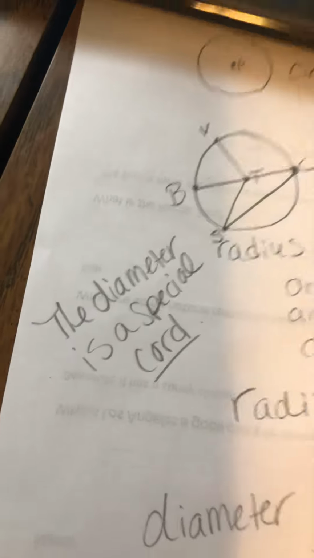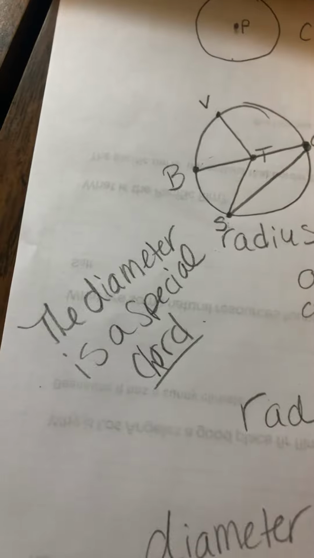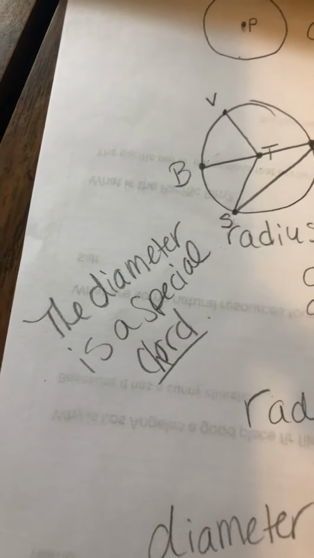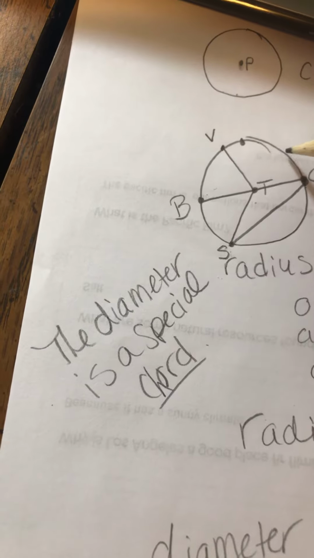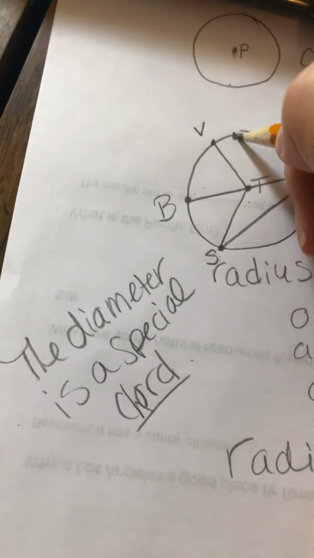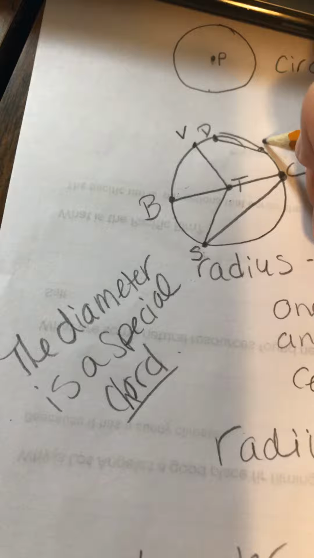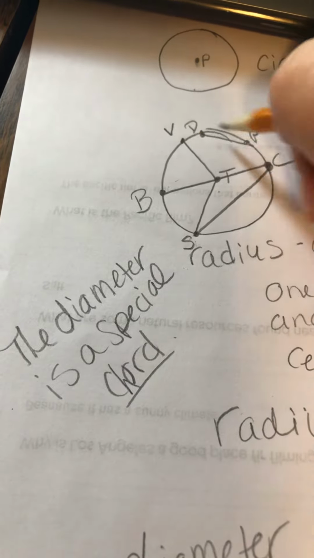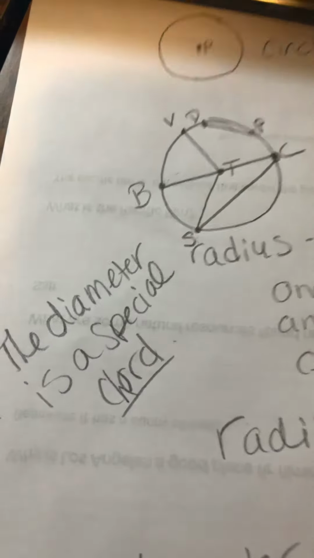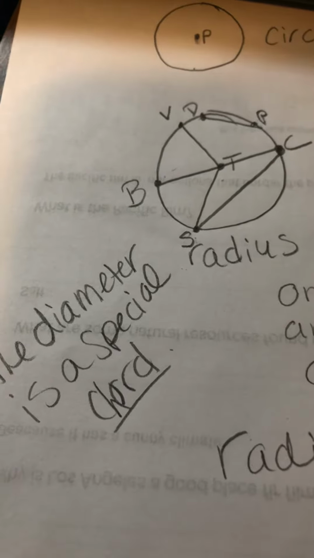So a diameter is a chord, but not all chords are going to be diameters, right? So we could draw two endpoints here and draw a little line here and call this DP, can be any letters. DP is a chord, but it is not a diameter because it doesn't pass through the center.